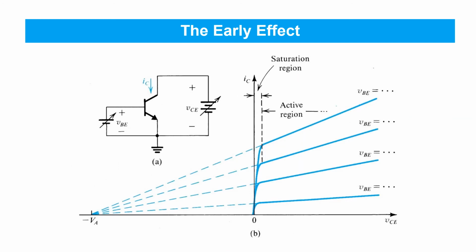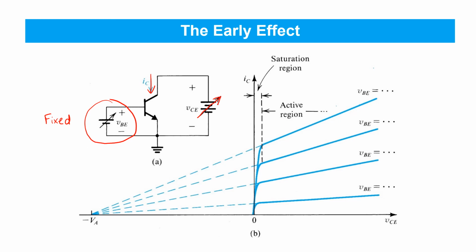Here we illustrate the impact of the early effect on the BJT's IV relationships. We're plotting here, for each plot, a sweep where collector current is being measured with VBE held fixed in each line, and the collector emitter voltage varied.